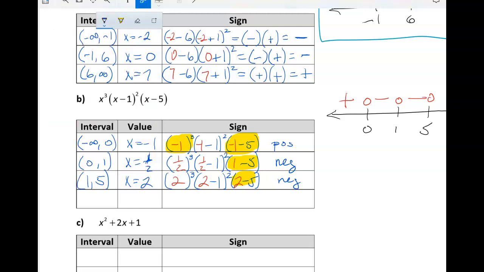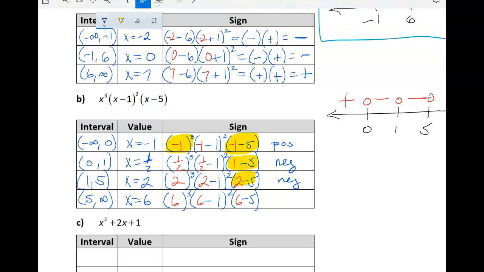And then finally, the interval starting at 5, heading toward infinity. Let's pick x equals 6, and replace x with that value. 6, make sure to bring down those exponents.